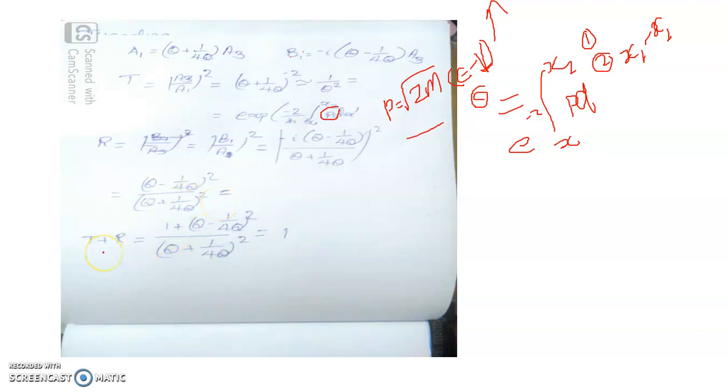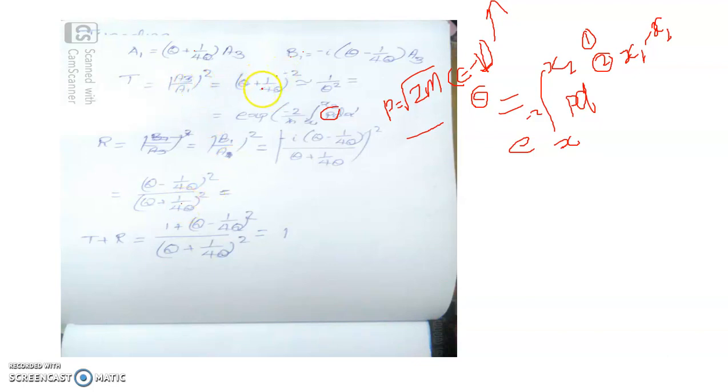And if you sum up, this is also a wonderful result that may be asked for proving as far as your examination is concerned. The sum of transmission and reflection coefficients will be equal to 1. This is something that you have also discussed in electrodynamics. The sum of transmission and reflection coefficients will be the sum of this one with this one.